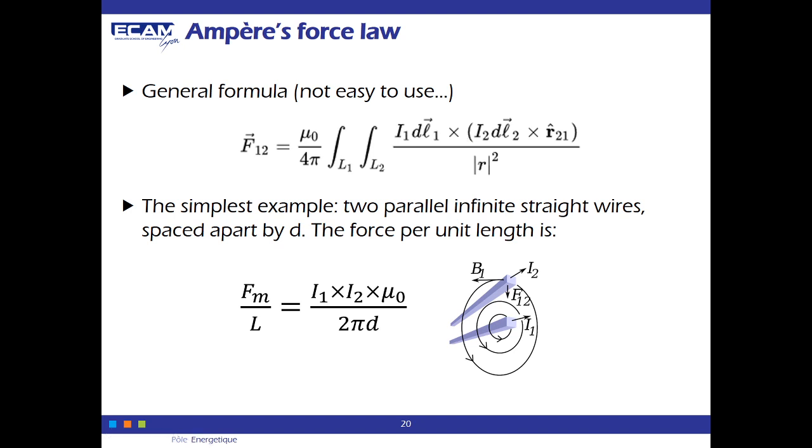There are the dl1 vector and dl2 vector, and they are not constant in terms of vectorial evaluation. Well, since they are varying by time, if we calculate the force per length, it will be really easy.